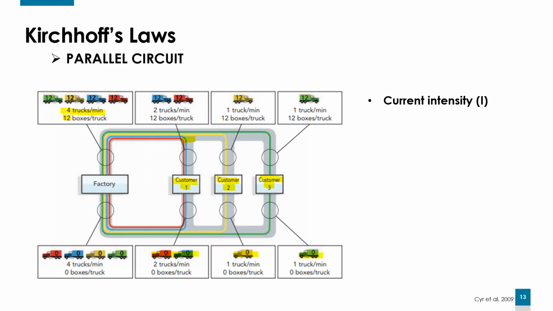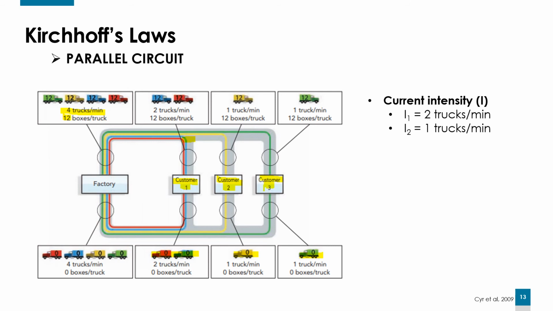So let's observe the first path. For customer 1, how many trucks did I have? 2, right? So my current I1 is 2 trucks per minute. For customer 2, just 1 truck per minute.